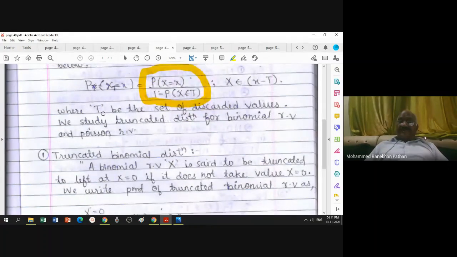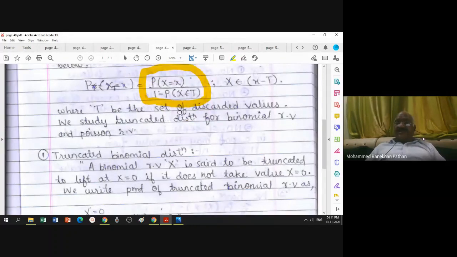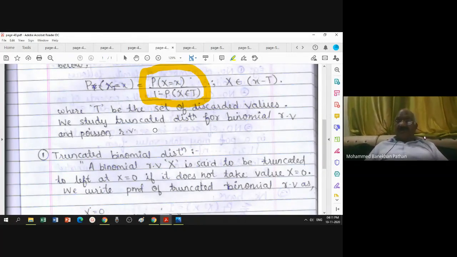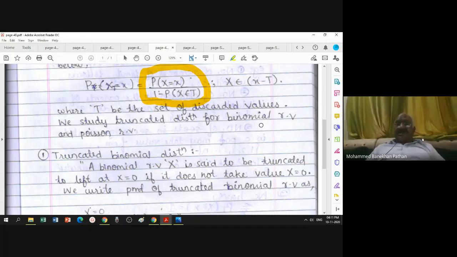In this case, I put capital T for the set of discarded values. We study truncated distributions for the binomial random variable and the Poisson random variable. So in this chapter, we will have two topics: truncated binomial and truncated Poisson distribution.